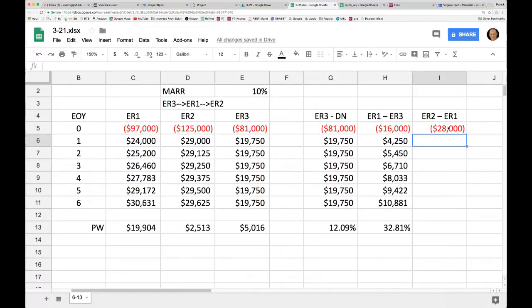ER2 requires an additional $28,000 of investment, and the extra cash flows we get each year, ER2 minus ER1, they all are positive anyway, except the final one. So there we have it. We can look at the internal rate of return of ER2 compared to ER1. We know already, don't we? You're with me, aren't you? We know that this is going to be less than the MAR because the winner has got to be ER1.